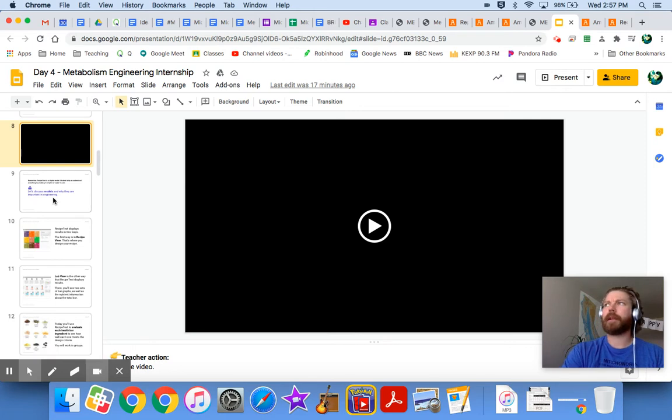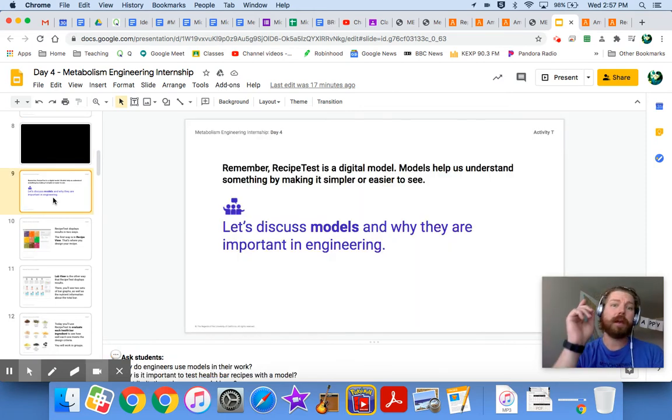Awesome. Hopefully we got a little bit more familiar with recipe test and how to use it and what it can show us. Remember, recipe test is a digital model. Models help us understand something by making it simpler or easier to use. How does recipe test make analyzing these health bars easier? Well, we can just click on ingredients and add them to our bars. We don't have to actually go get the ingredients, mix them up, bake them, measure them out.